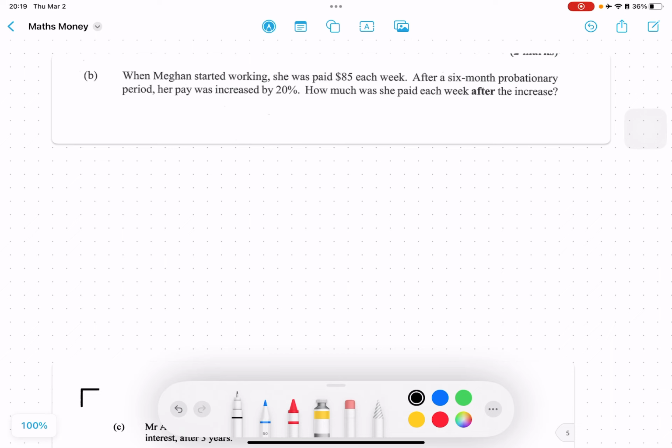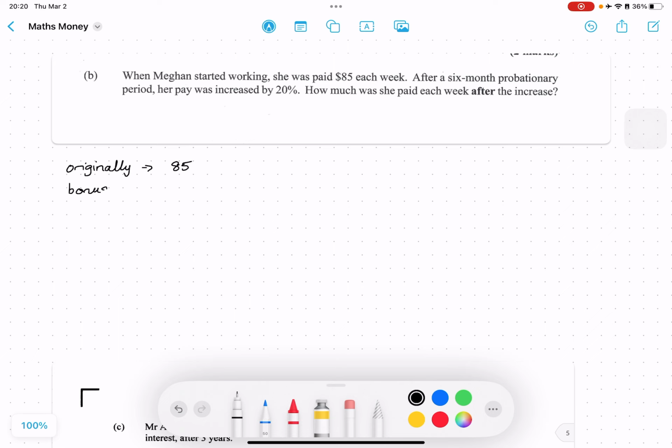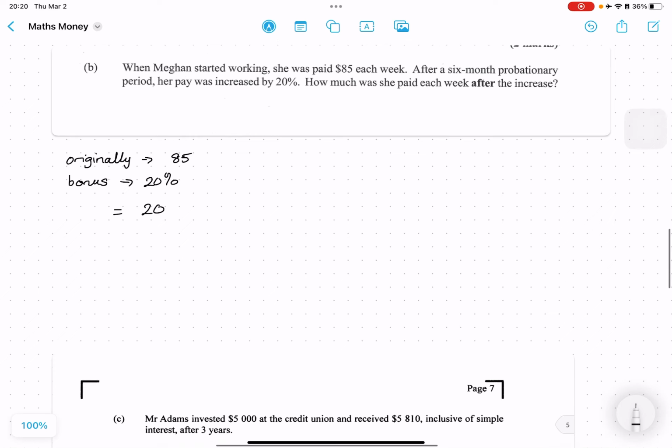Okay, so originally she got $85. The bonus was 20%. So to calculate the bonus, now percentage means out of 100. So 20% is 20 over 100 multiplied by the 85.